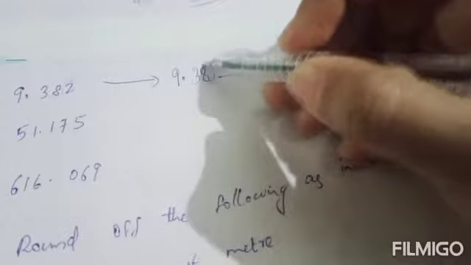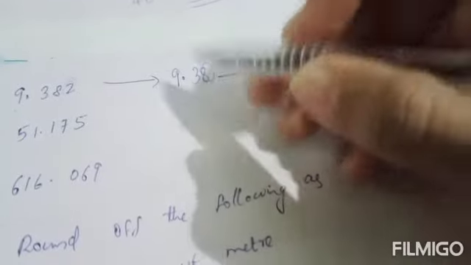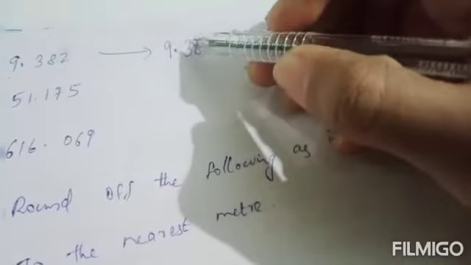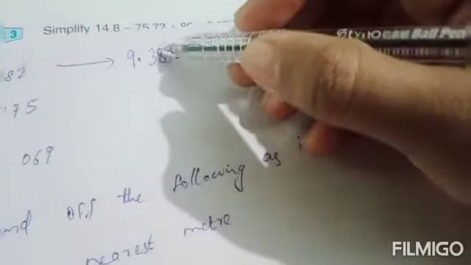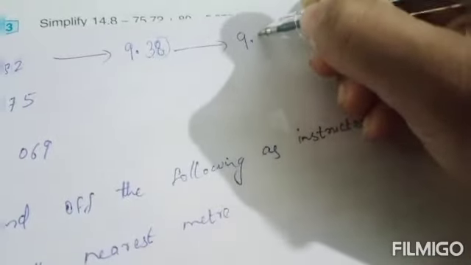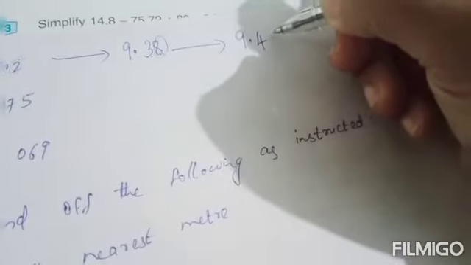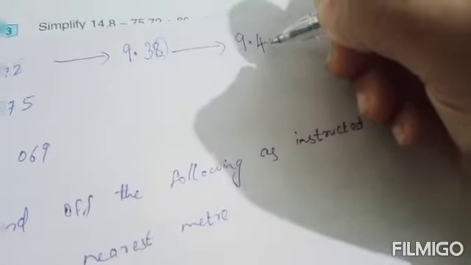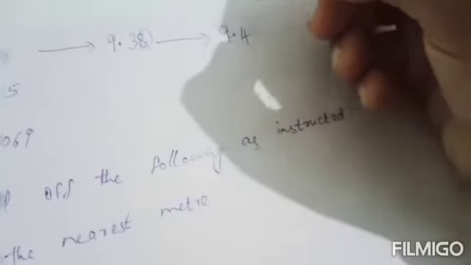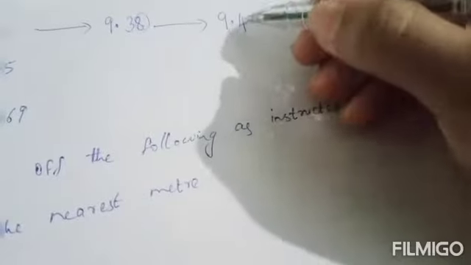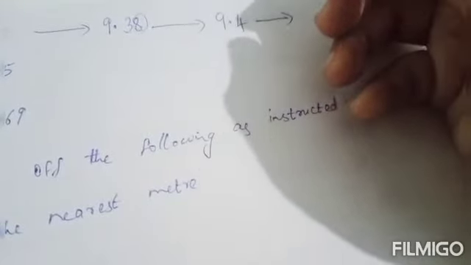Replace 100th place digit by 0, then add 1 to 10th place digit. So 3 will become 3 plus 1, 4, and in place of 8, 0 will come. So 9.4. 9.40, no need to write 0 there. 9.4 itself you can write. Both values 9.40 and 9.4 are same.